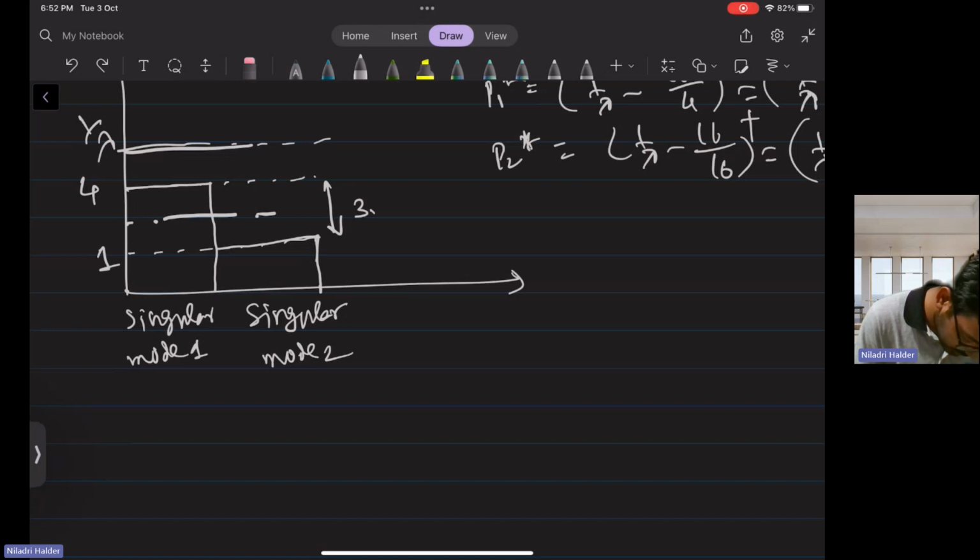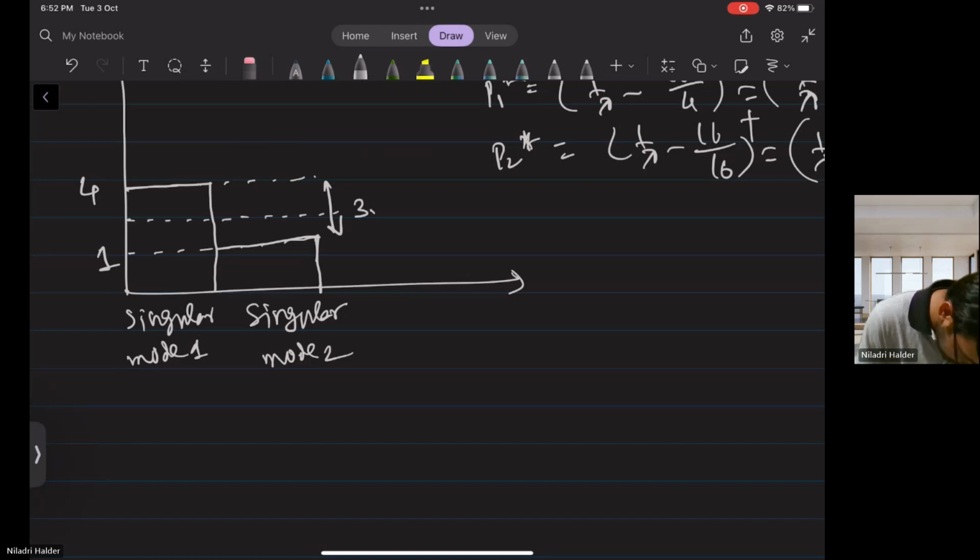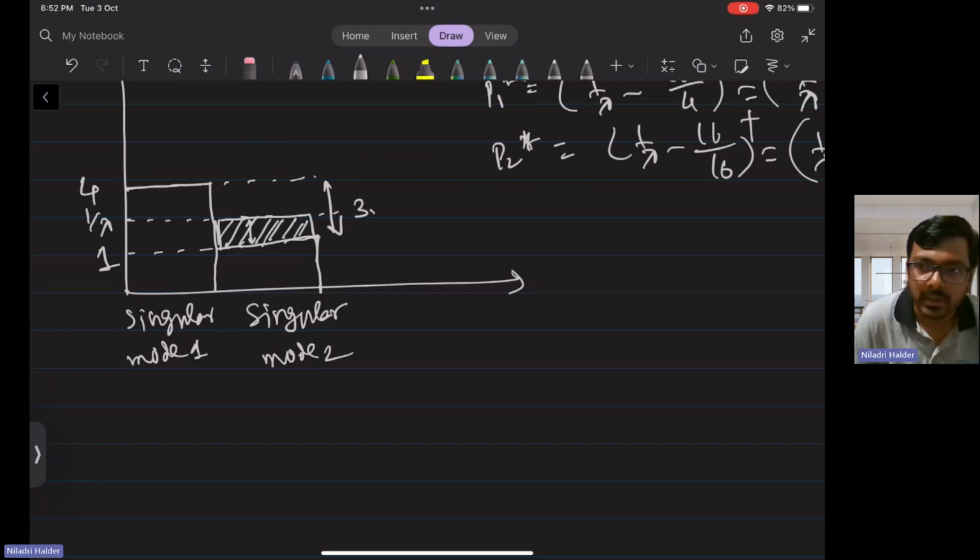So that means lambda should be below 4. Here is the power allocation.